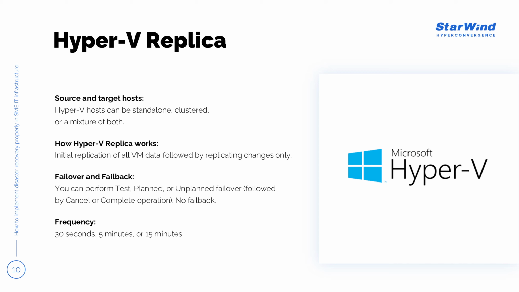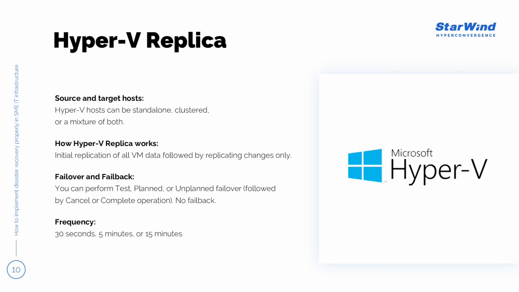And then it synchronizes the latest changes, and the replica VM can be started on the secondary host. Basically, this means that in the case of a planned failover, there will be no data loss when you use this scenario.